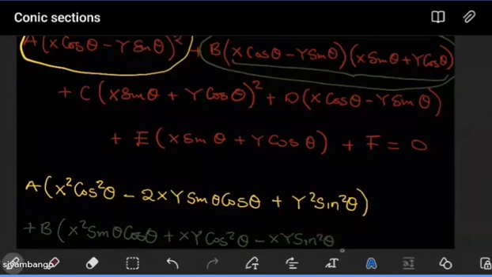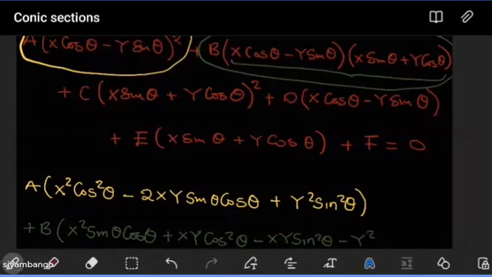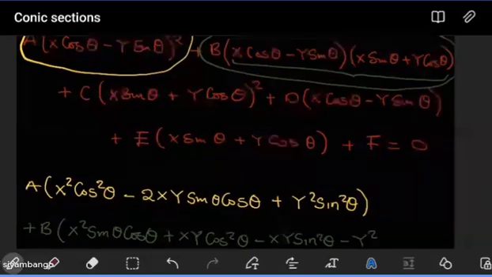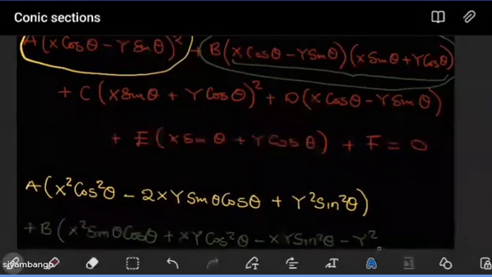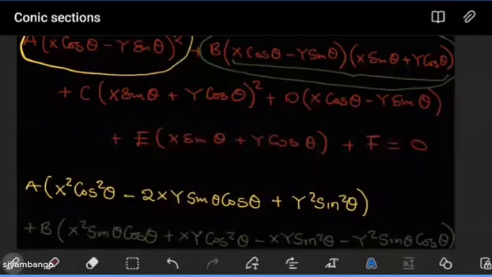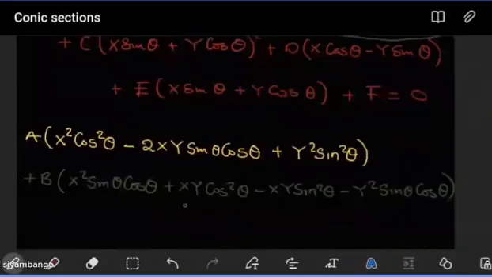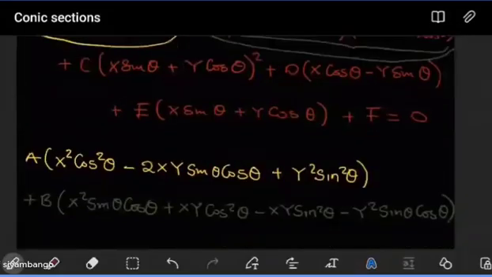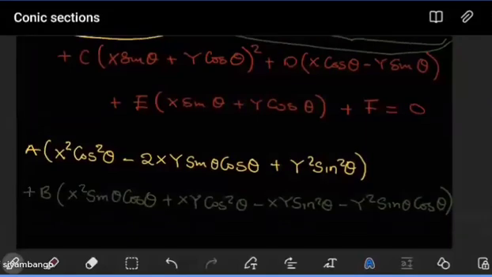So it's y, which gives us minus y squared. Now this is sine and cos, which gives us sine cos. So the expansion is now complete. Now look at what happens. See the middle part.